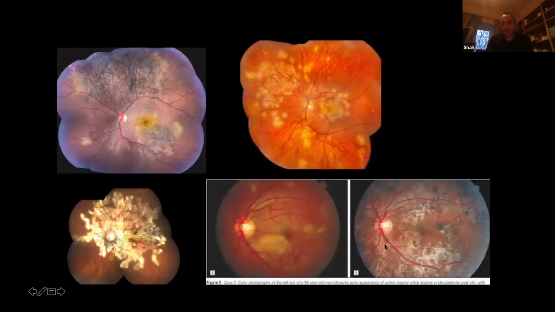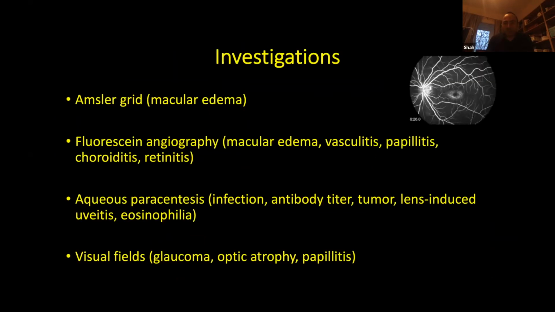And again, more superficial disease affecting the retinal pigment epithelium. So you can get RPE epitheliitis and inflammation of the retina causing a lot of damage. And of course, when you see something like that, you know that you're dealing with something significant and important, and systemic evaluation is very important.